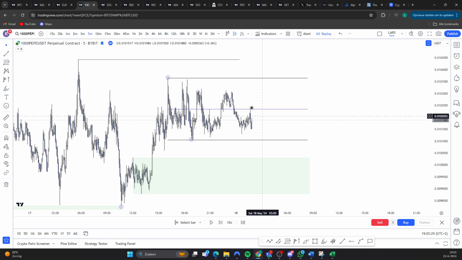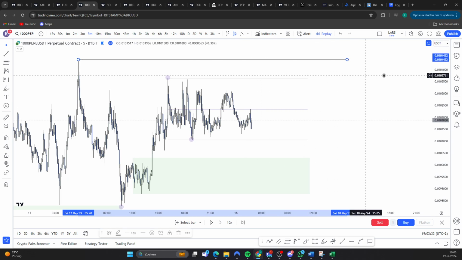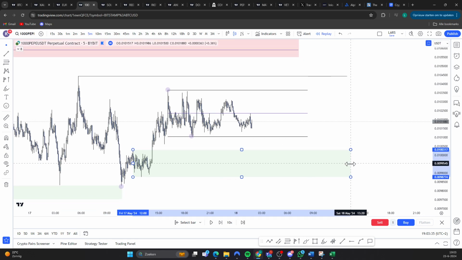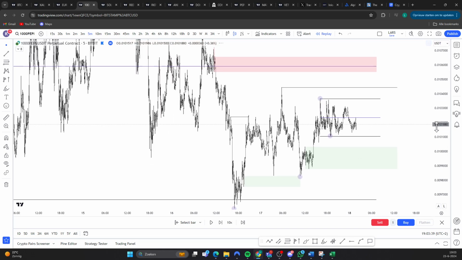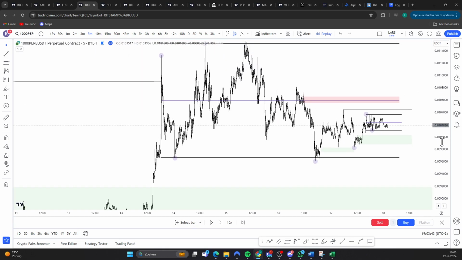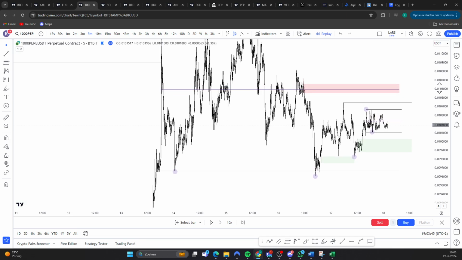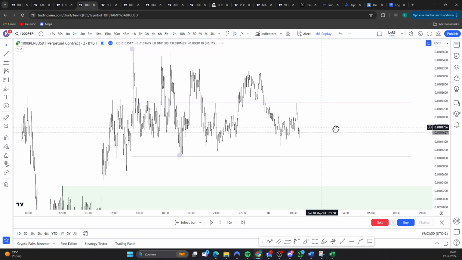Okay. It's going to be our weekend range. Saturday never really gives us any setups most of the time. But Sunday does. So just check price action, but do keep in mind that we have a weekend going on.